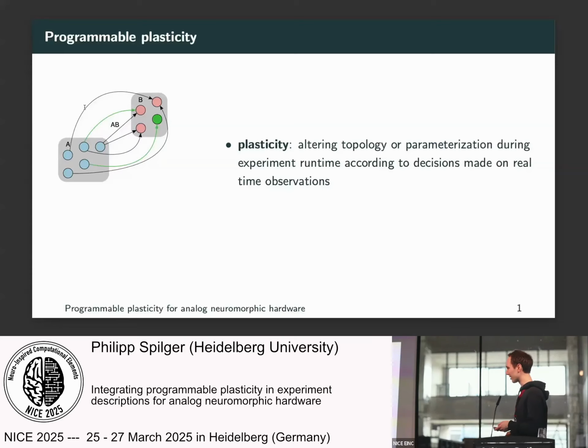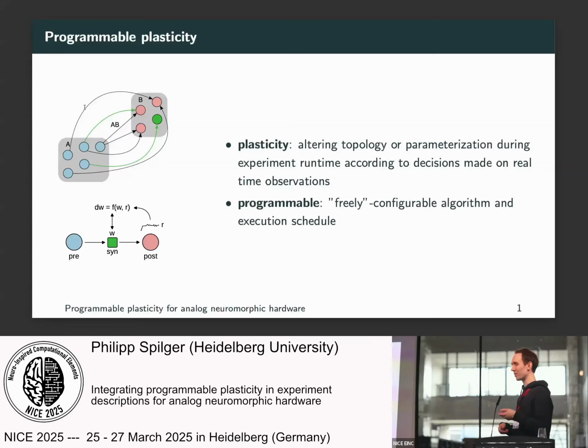And the second part is the programmable part, which we want to be as free as possible. In conjunction with neuromorphic hardware, this also means that there might be constraints coming from the hardware side that we need to take into account. What we mean by programmable is that when we have a plasticity rule, for example this function f, which takes the weight and the rate of the postsynaptic neuron, we want this function to be configurable, and in addition to be able to look at different observables.